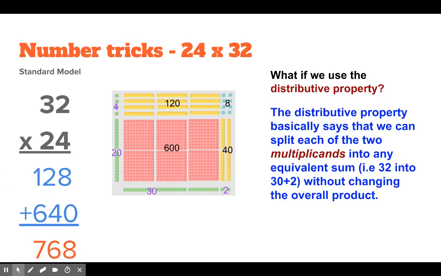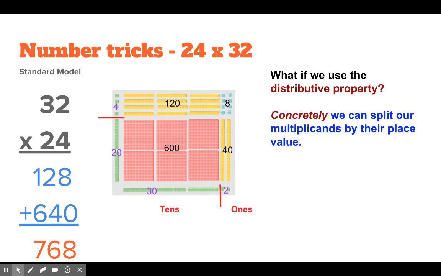Now, what this is actually doing, and here's where the underlying math lives, is this is using what's called the distributive property. And this basically states that when you take your multiplicand, so your 32 or your 24, and split it into pieces, so for example 30 plus 2 and 20 plus 4, you're not really changing the overall product.